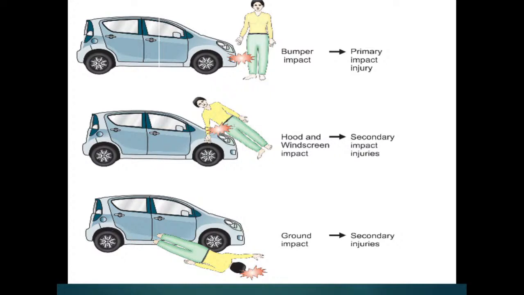Secondary impact injuries, the middle picture, are seen when the person is falling onto the car, falling onto the vehicle, and being hit by the windshield, by the roof of the car, and any other parts of the moving car.